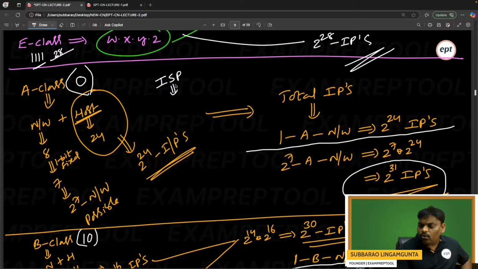So if I buy one class A, more IPs are coming. They will buy one class A network. If they buy one class A, 2 power 24 IPs are possible.